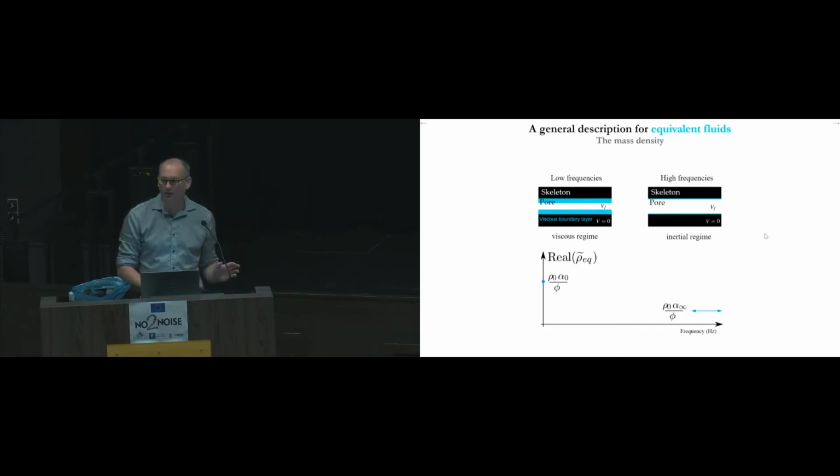At high frequencies, we have an inertial regime, so the viscous boundary layers are very thin, and the velocity profile is almost constant over the cross section of the pore, because we have dissipation only in a very small area, where we go from a velocity not equal to 0 to a velocity equal to 0 at the interface with the skeleton. But this change of velocity is very quick in a very small area, so we have very small dissipation.